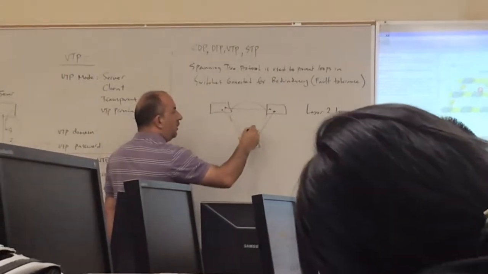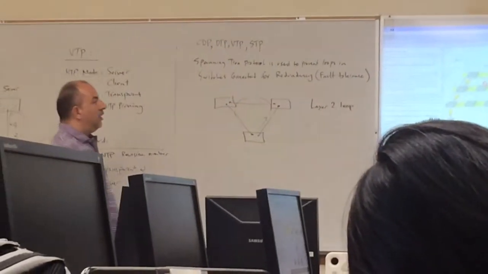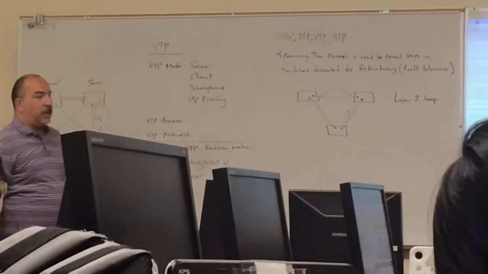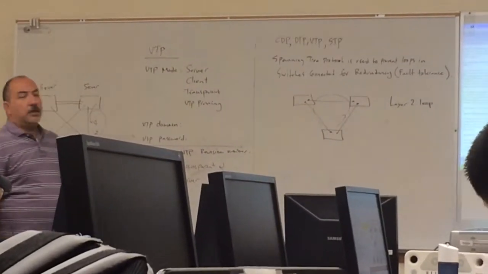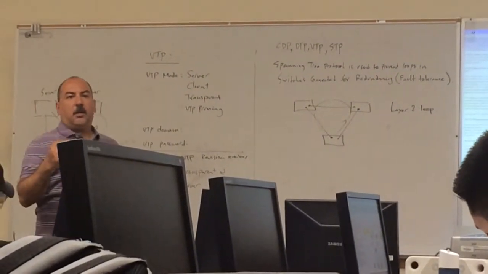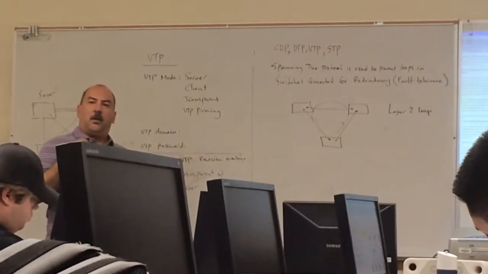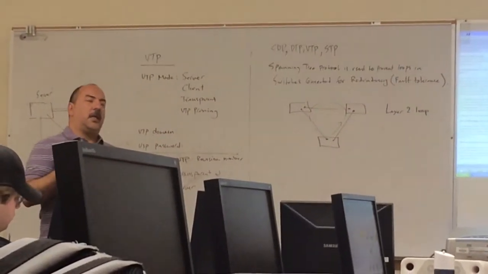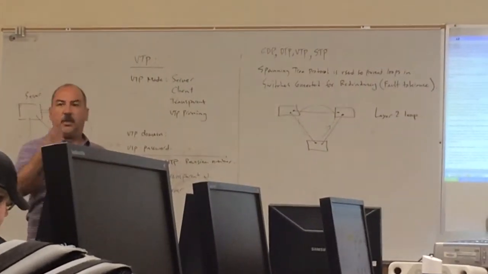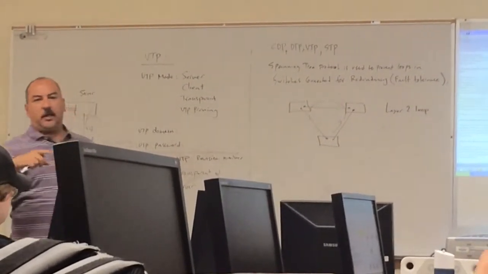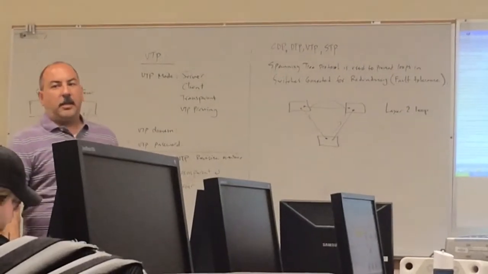can be circling these trunks indefinitely, because on a layer 2 there is no mechanism for decrementing like TTL, time to live, on a layer 3 packet. In a layer 2 packet there is no such mechanism, so the thing is going to keep circulating forever and ever, and nothing is going to happen.